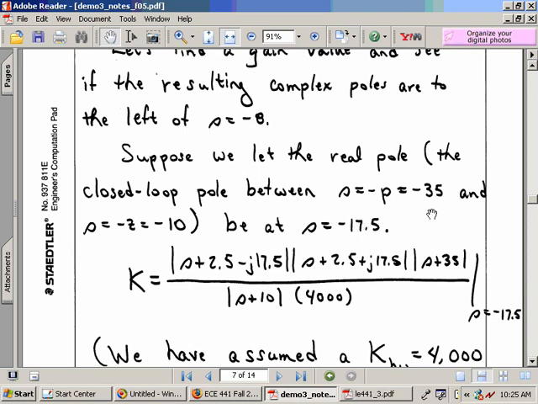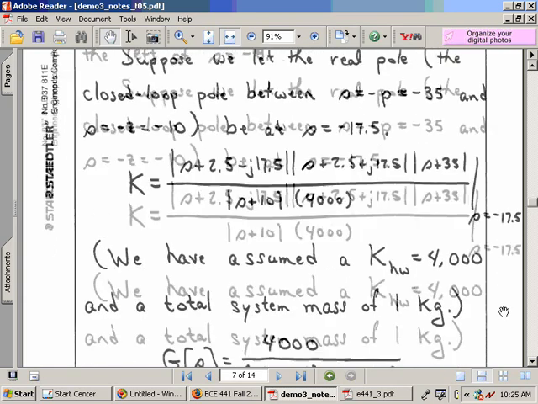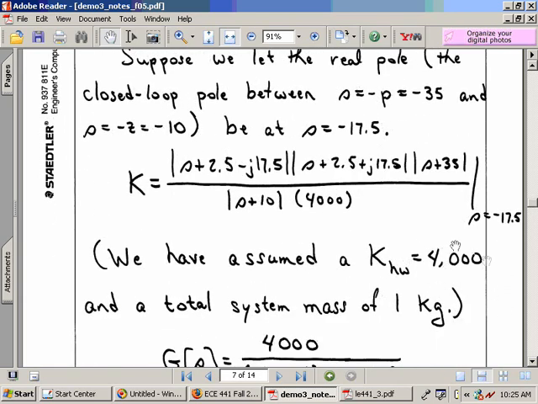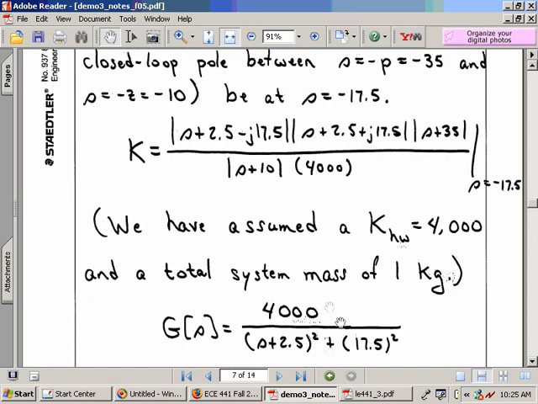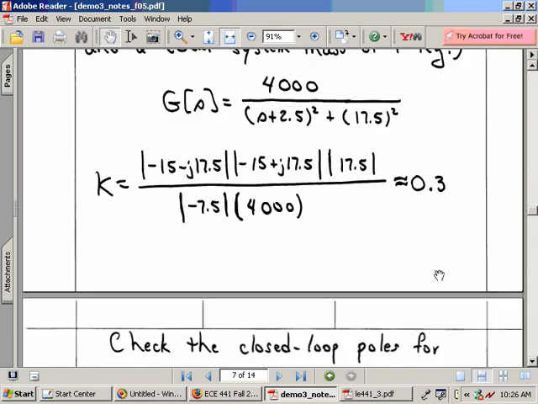Suppose we push it from -35 all the way to -17.5, not quite at -10. If we evaluate the gain formula at -17.5, assuming that our system has a K hardware of 4,000, and again this was for spring 3, with open loop poles at -2.5 plus and minus j17.5, we end up with a K value of roughly 0.3.